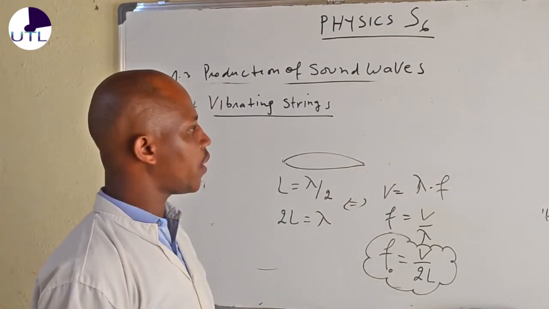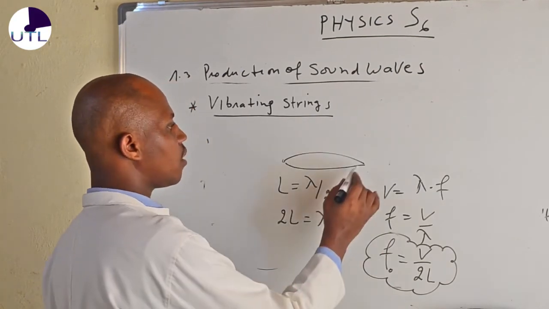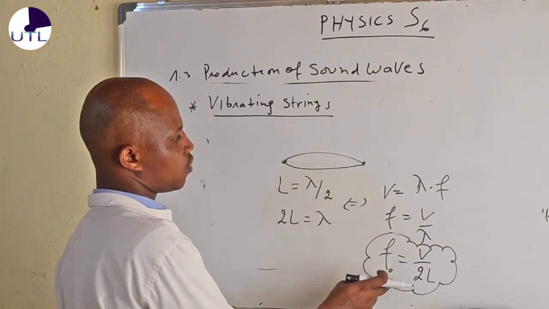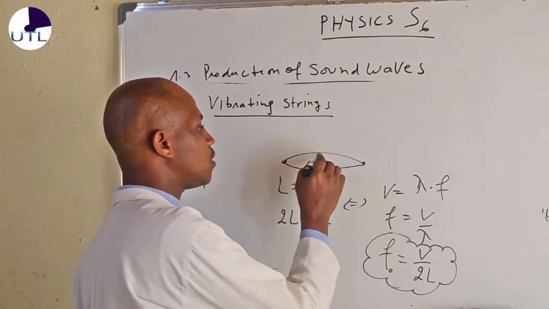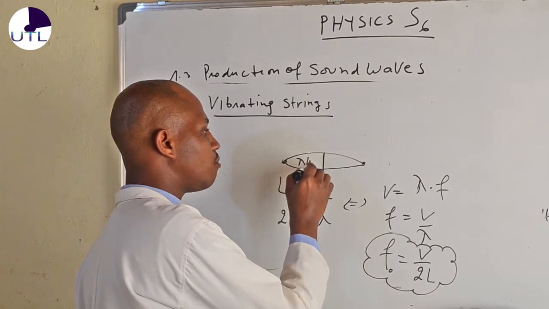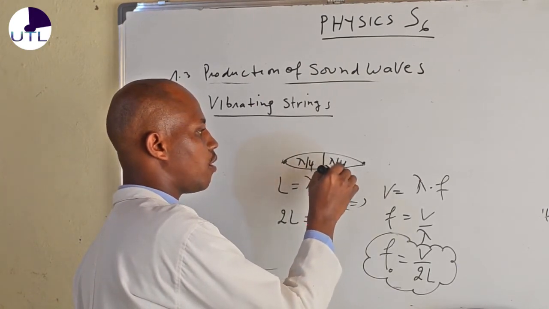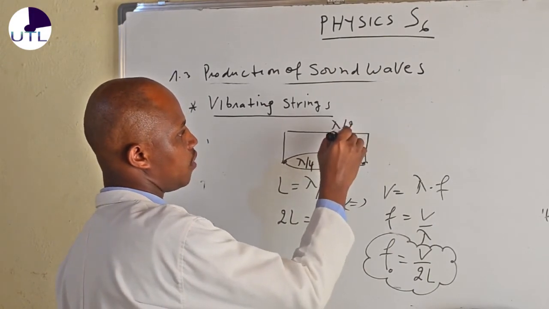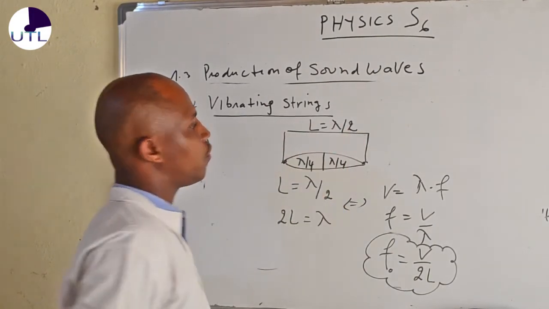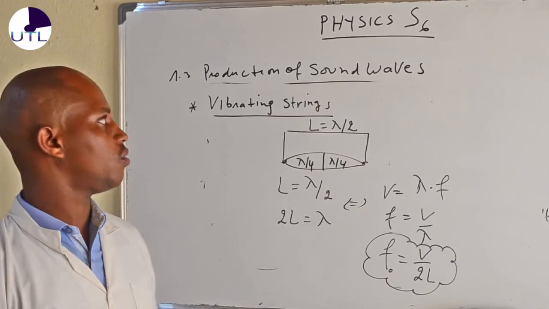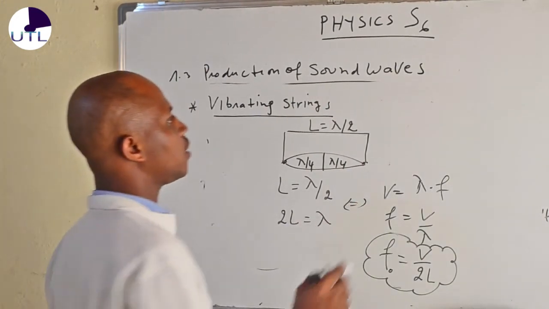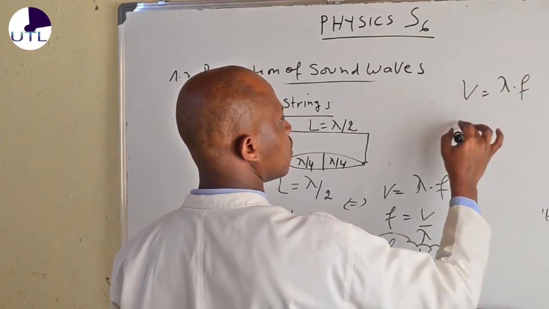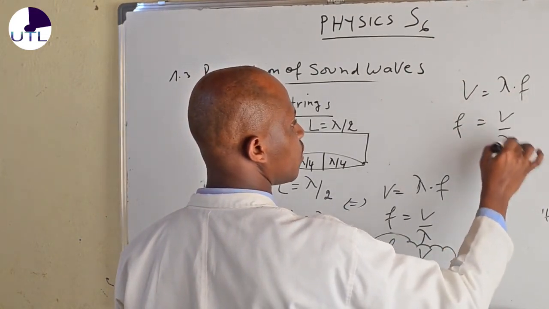Now that we have the fundamental frequency, we are going to find an example where we have to apply this formula. What is necessary is to know that this one has wavelength divided by 2 for the length. Then you shall use these fundamental formulas: V is equal to wavelength times the frequency, so frequency is equal to V over wavelength.